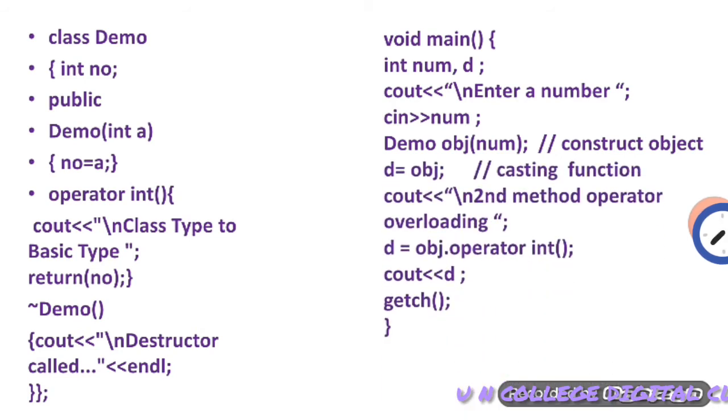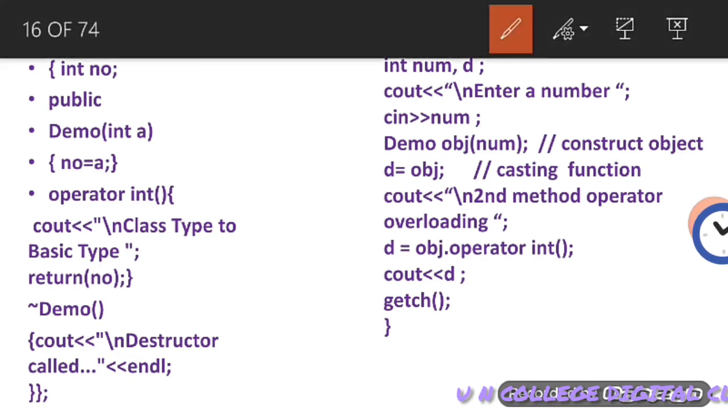That's all. Let me use the pen. Suppose the num value is 5, then this will be executed, and inside the obj the no value will be 5.